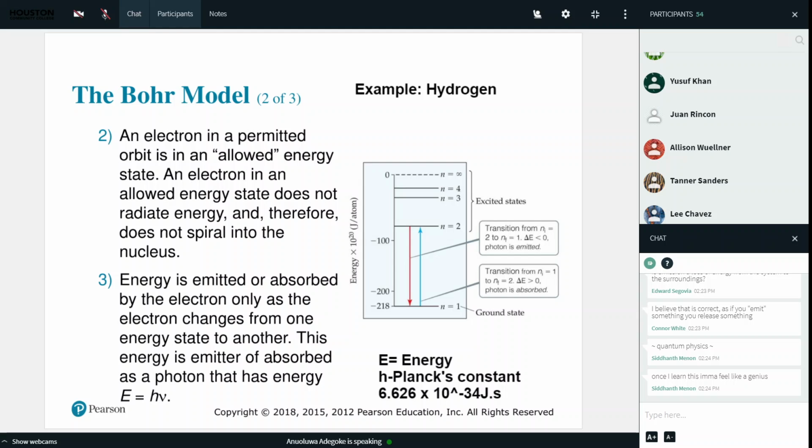So E stands for energy, h stands for Planck's constant, which is a constant, and v stands for frequency.